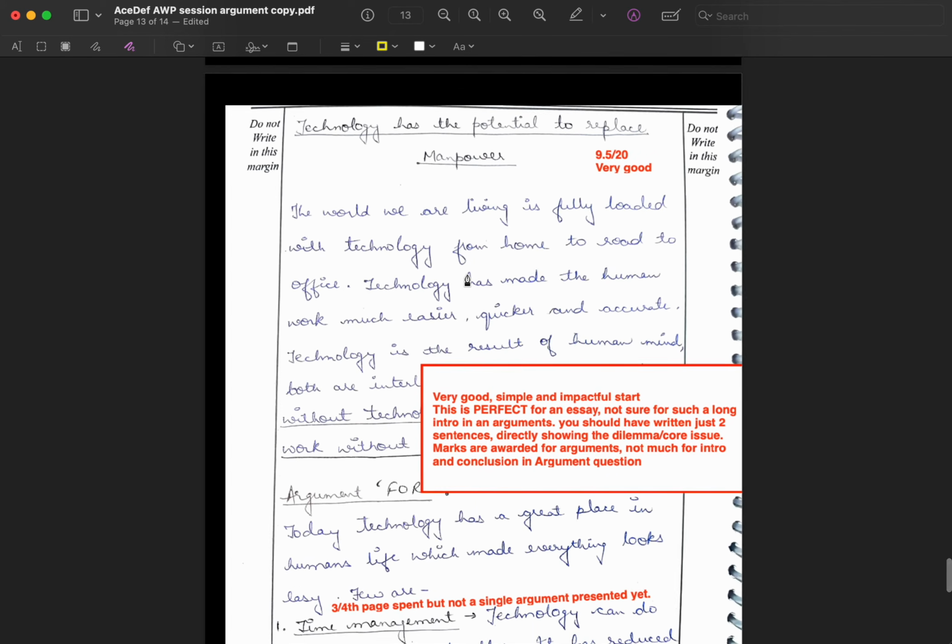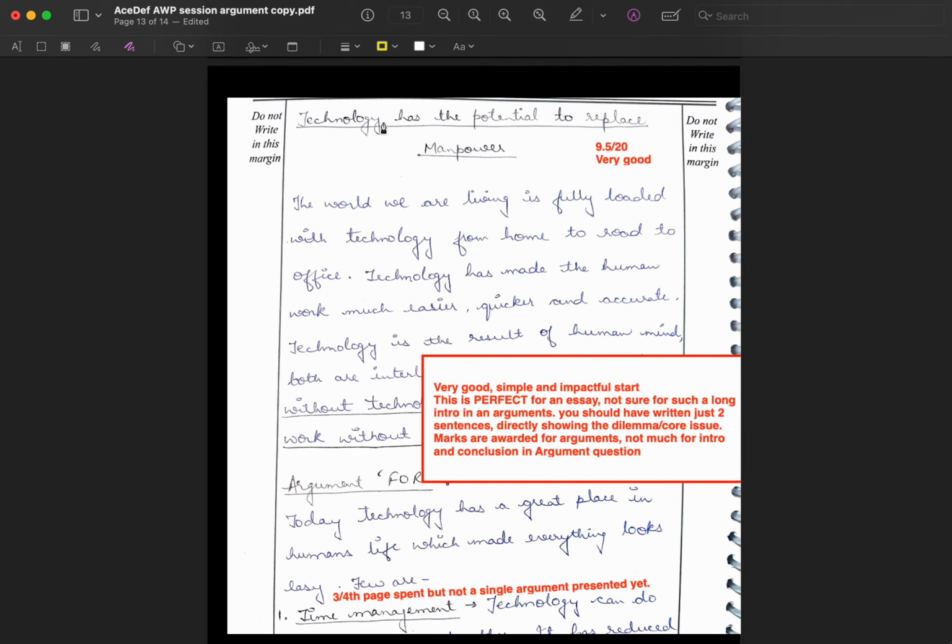This is another thing. This one had a good power of expression, if I recall. Technology has the potential to replace manpower. Now this has been the discussion since AI came to power, that artificial intelligence will replace us or not, and all that. Now this candidate has written argument for here, okay, and he or she has written with the capital FOR. So I'm clear, okay, this is for from downstairs.